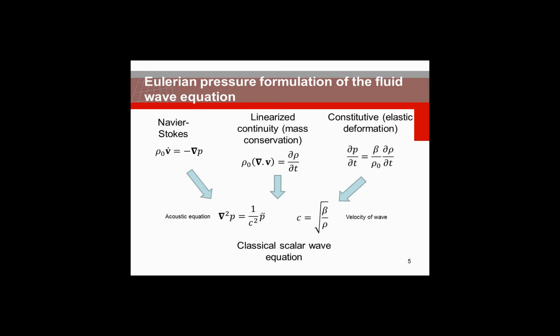On the other hand, we have a second equation, the linearized continuity or mass conservation, which relates the divergence of the velocity of the fluid with the variation of the density in time, which is related to compressibility, as we discussed previously.